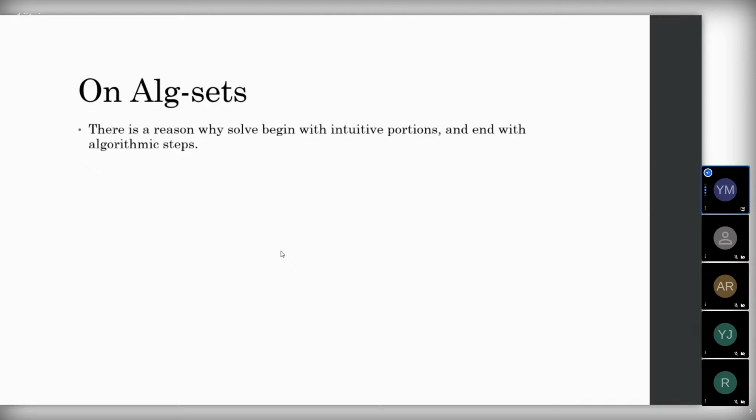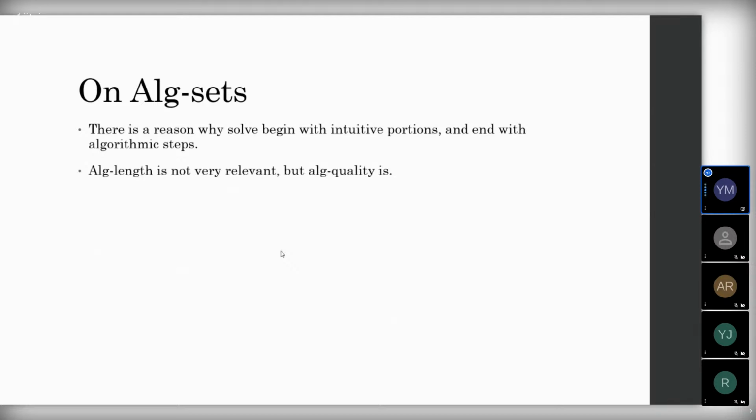The second point is that initially you don't really care about messing up other things because you've solved very little of the cube. So you can intuitively solve things in very few moves. Whereas at the end of the solve, when you have already solved a big portion of the cube, you will have a lot more things that you'll have to preserve after each step. So it is difficult to intuitively do those things, which is why you usually reserve the algorithmic steps for the end of the method. This is not always the case, but this is usually the way people do it.